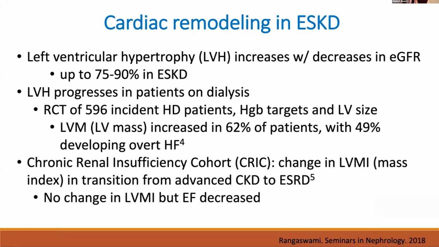So there's work showing that about 75 to 90% of patients with ESKD have increased left ventricular size, so LVH. Not only that, but LVH is shown to progress in patients on dialysis. Foley and company conducted a randomized controlled trial of about 600 incident dialysis patients, and they looked at hemoglobin targets and associations with LV size in that context.